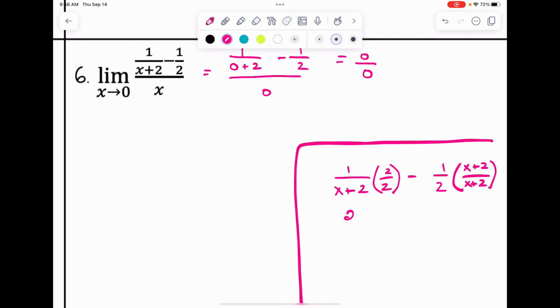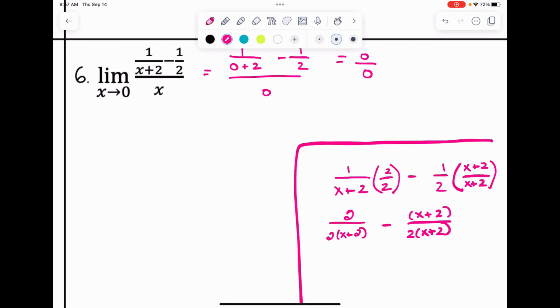Okay, the reason that this is going to work is because now the denominators are going to be the same. I'm going to keep that in parentheses for a second, and that will help us simplify a little bit as we go through the problem, okay?